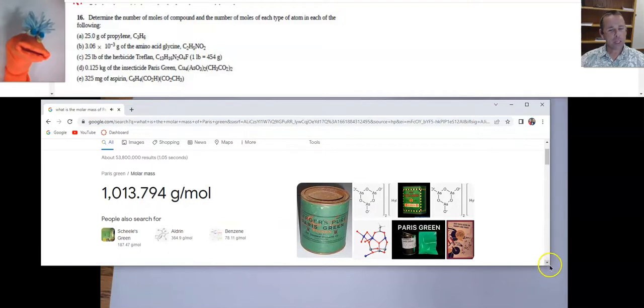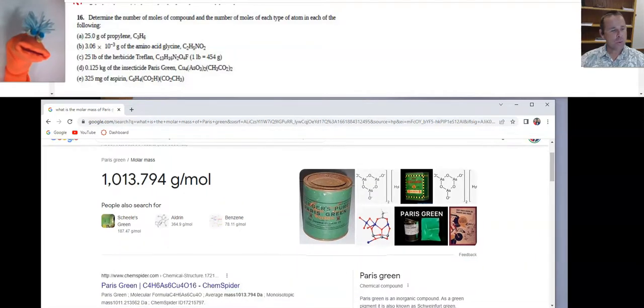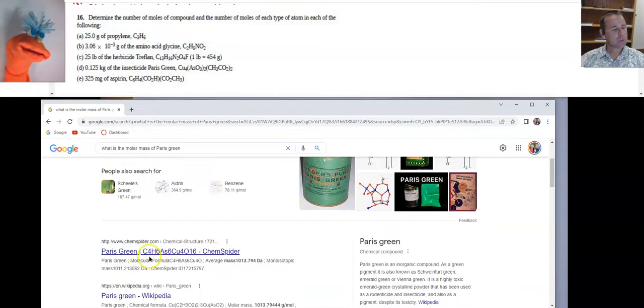Okay, so let's double check that. Whoops. That's the right chemical we're looking for. Oh, no, sorry, this one. Cu4, As2. No, that's not the same stuff, is it?